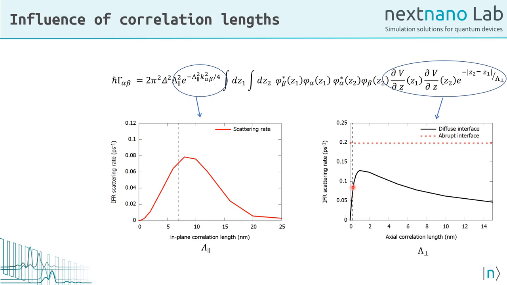It then increases, and it turns out that there is a maximum which corresponds to the typical thickness of the layers involved in the device, and then it decreases because the contributions of two consecutive interfaces tend to cancel out.